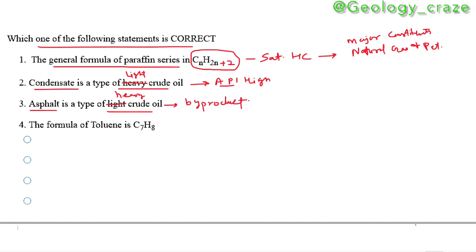It is a byproduct of crude oil distillation, and we call it bitumen or tar also.